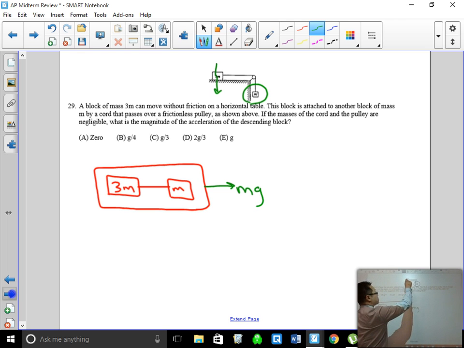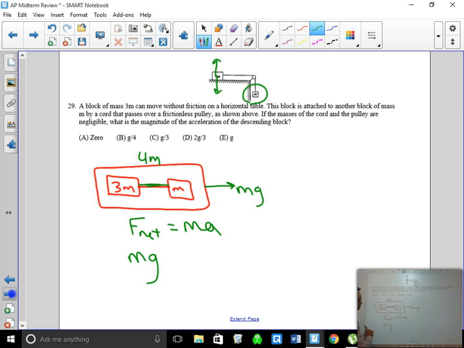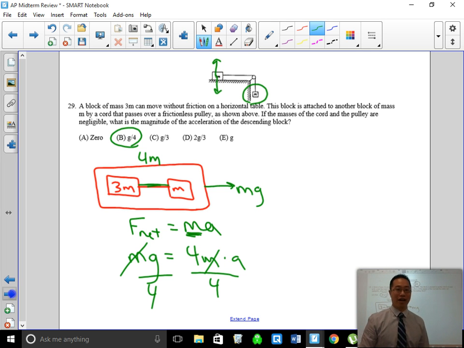In fact, it's balanced by the normal force. So I don't worry about the tension at all because tension is internal. I don't care about that. So because this total mass is 4m, if I do F net is equal to ma, I have mg pulling it forward. The mass of the entire system is 4m times a. Or just add the masses. The masses cross out on both sides. Divide by 4, divide by 4. Acceleration is 1/4 that of gravity.